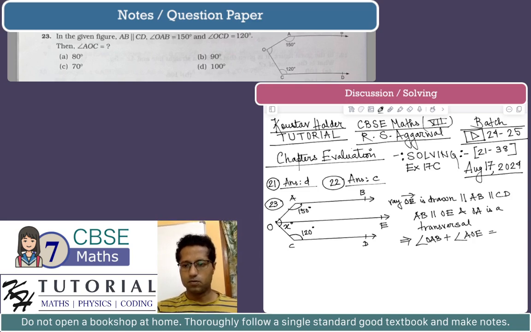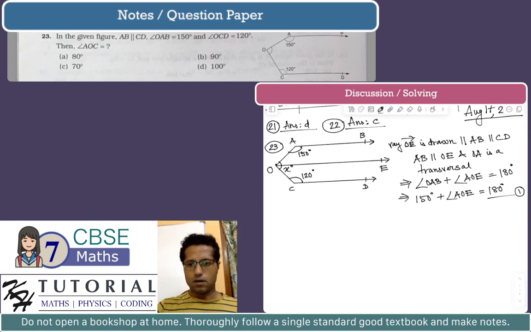This should be equal to 180 degrees. Angle OAB is given to be 150 degrees, so 150 degrees plus angle AOE is equal to 180 degrees. Let us name this equation 1.